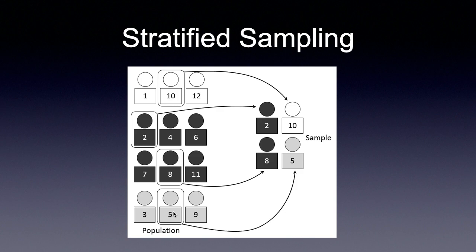And then if strata 2 has the next amount of subjects in it, then we would want to sample more from strata 2 than from strata 3 and 4. And then if strata 3 was the next highest, we would want to sample more from strata number 3. So that's the idea of this proportional allocation.